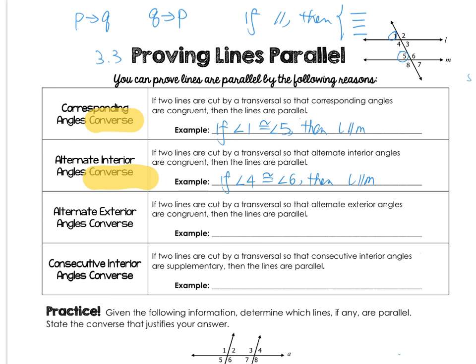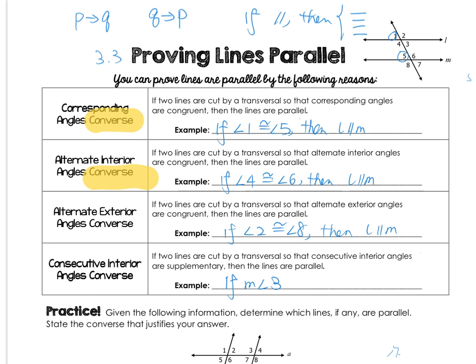For alternate exterior angles, I'll do 2 and 8. If angle 2 is congruent to angle 8, then line L is parallel to line M. And finally, if I find a pair of consecutive angles, let's do angle 4 and 5. You can do angle 3 and 6 as well. They have to be a linear pair, right?